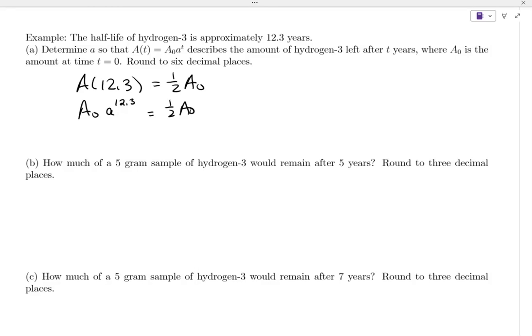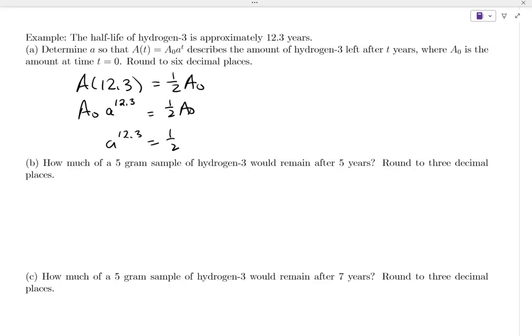What should we do next if we're going to try to figure out what a is? Yeah, the a naughts. Divide out that a naught. So we have a to the 12.3 equals 1/2.